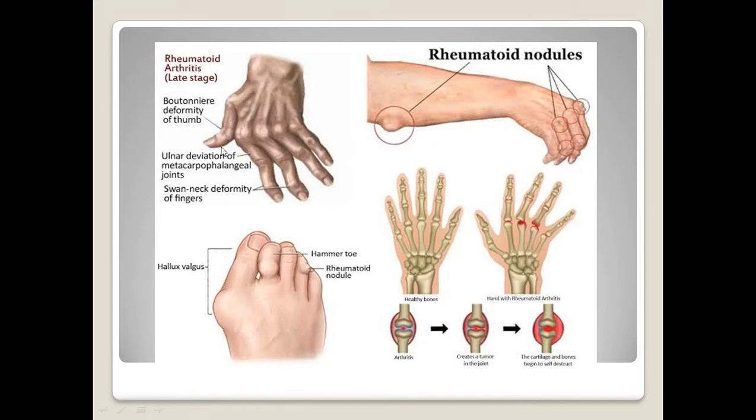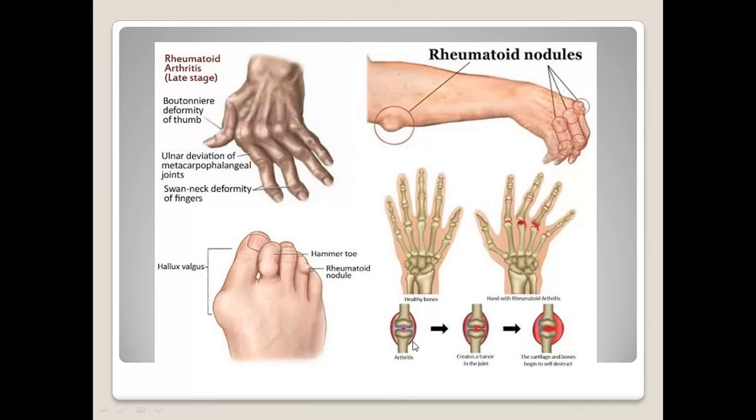Here you see boutonniere deformity of the thumb, ulnar deviation of the metacarpophalangeal joints, and the swan neck deformity. You know how a swan neck is like that, the swan neck deformity. When the lower limb and foot are involved, there is the presence of hammer toe and hallux valgus. And here you can see the rheumatoid nodules.